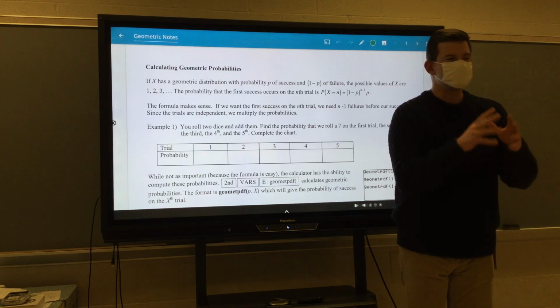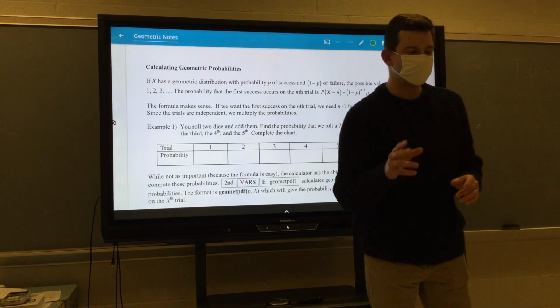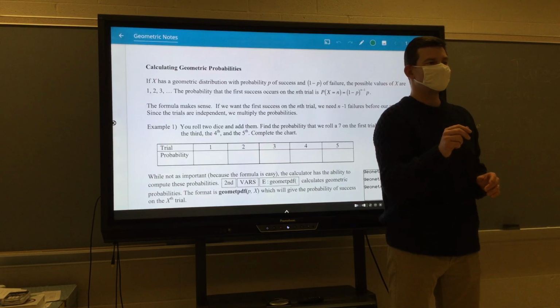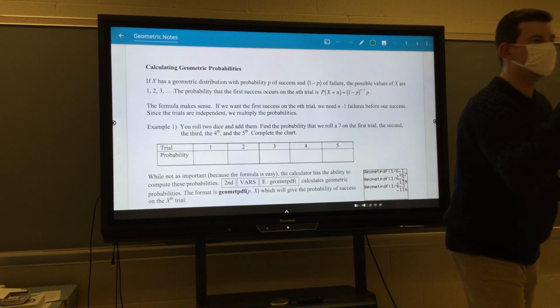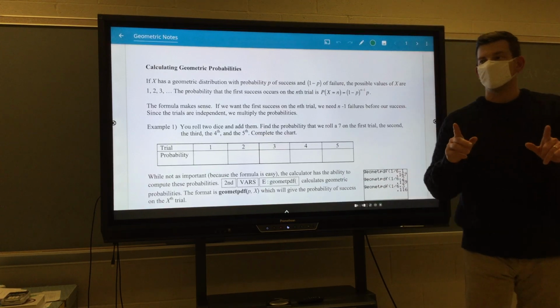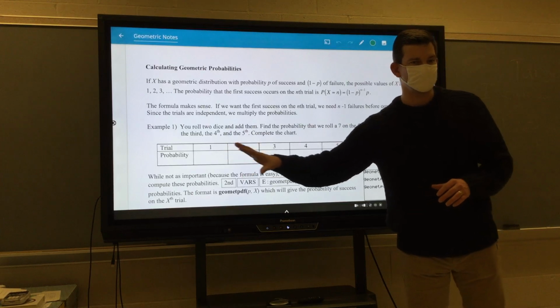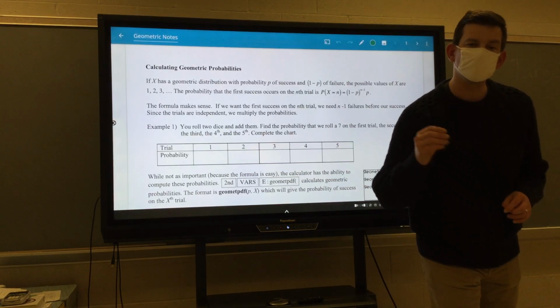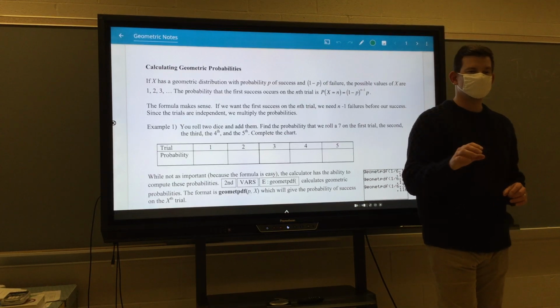But that did not fit our binomial model because there was no set number of observations. Instead, you're going to keep trying until you have that success. That is a geometric probability, where you keep going until you get that first success.